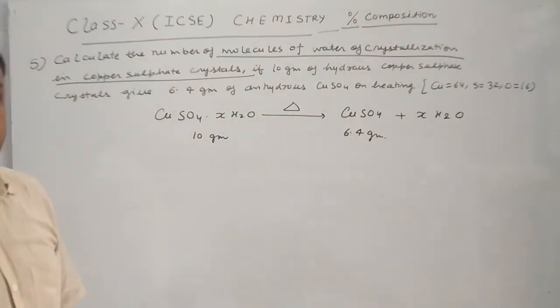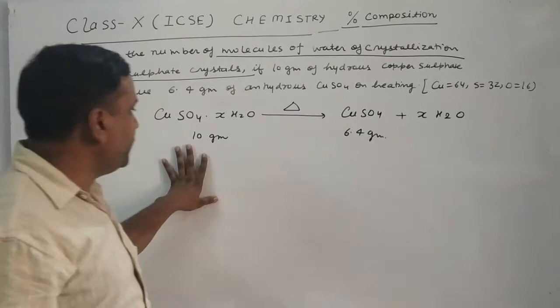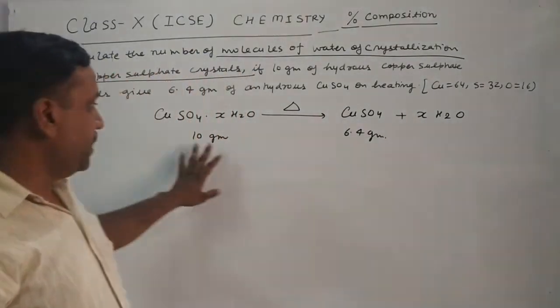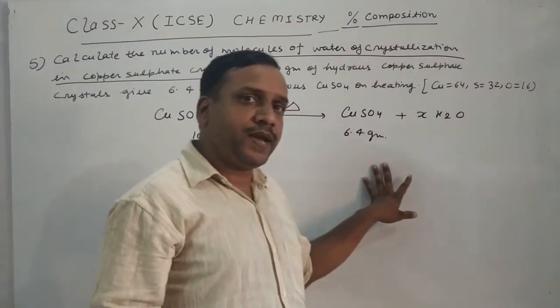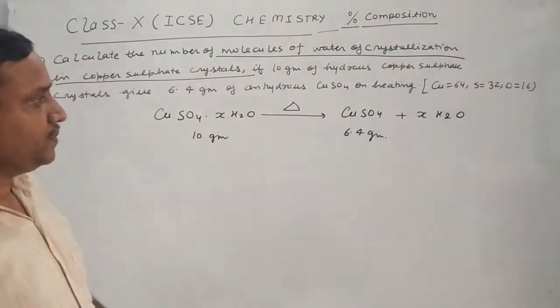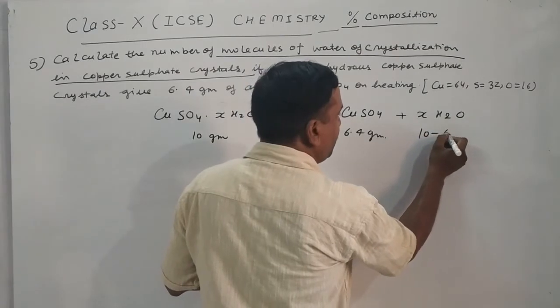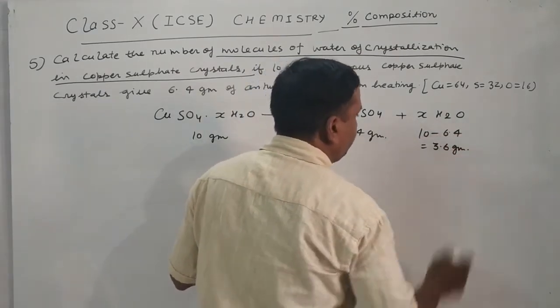How much is this quantity? By the law of conservation of mass, the mass of reactant should be equal to the total mass of product. Here, if 10 gram is the copper sulfate XH2O, and 6.4 gram is anhydrous copper sulfate, then the remaining quantity will be that water of crystallization, which is 10 minus 6.4, that is 3.6 gram.